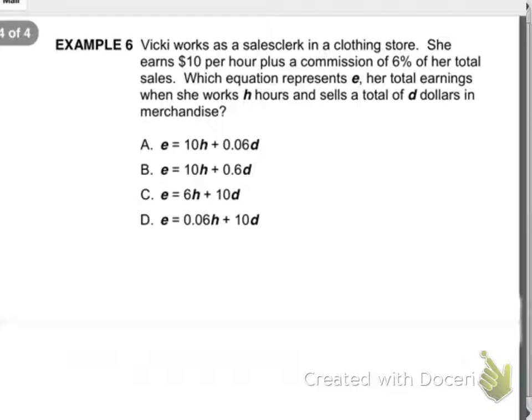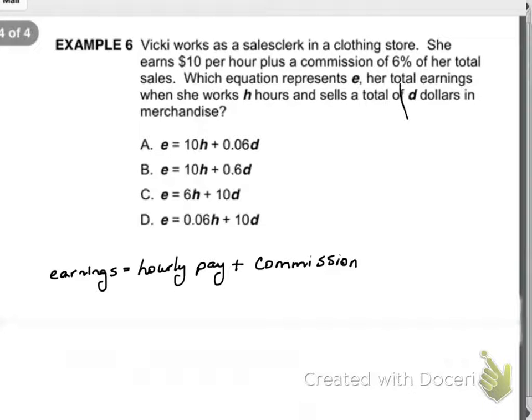Let's just write this out in words. Her earnings are her hourly pay plus what she makes in commission.